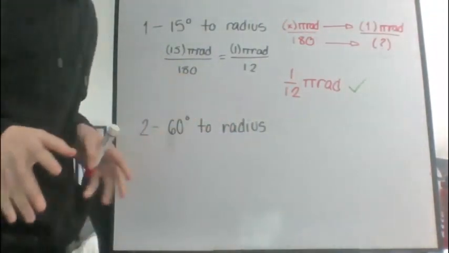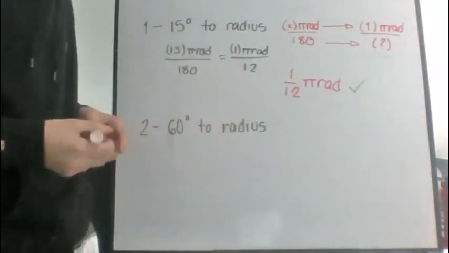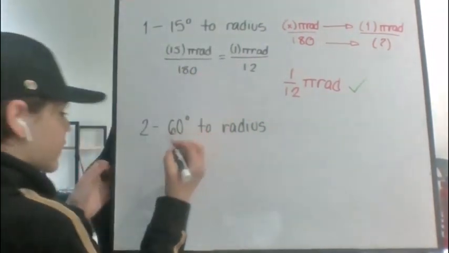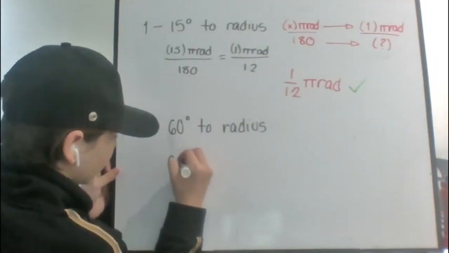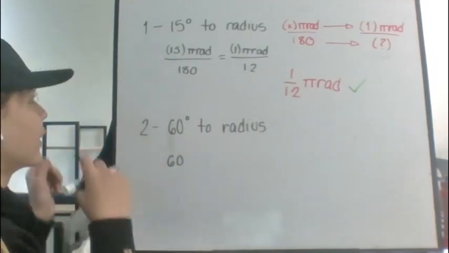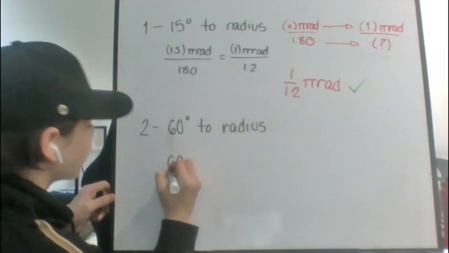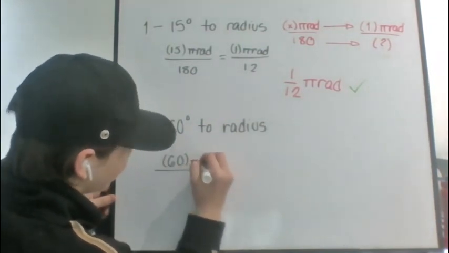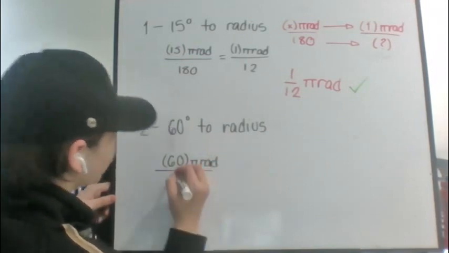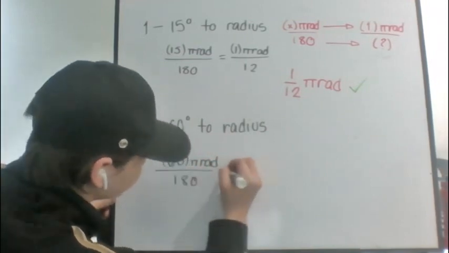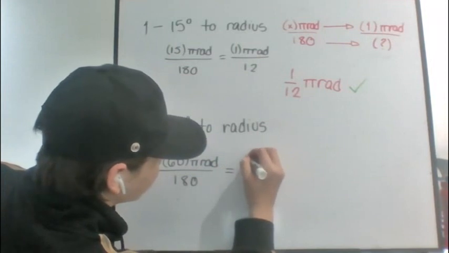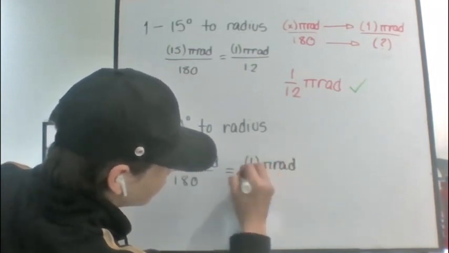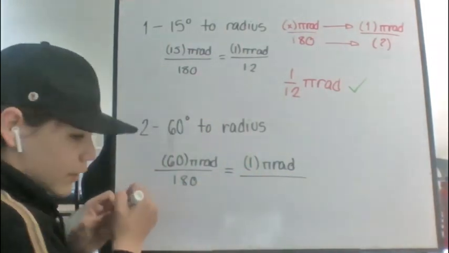Okay, if it isn't clear yet, we can do another one so it can be a little bit easier. It is the same, really, when you are doing degrees to radians. So it will be 60 times pi rad over 180, equal to 1 pi rad over something we don't know yet.